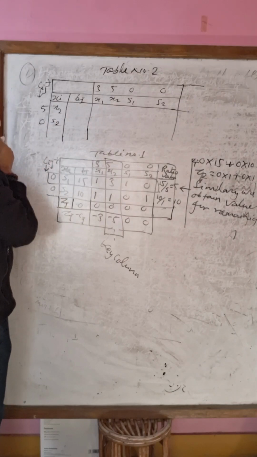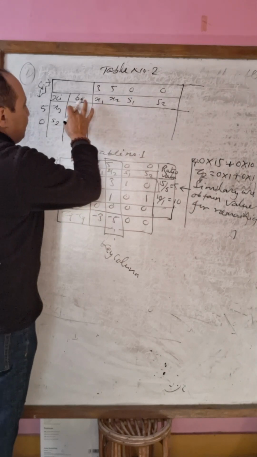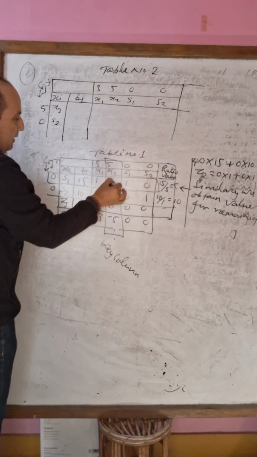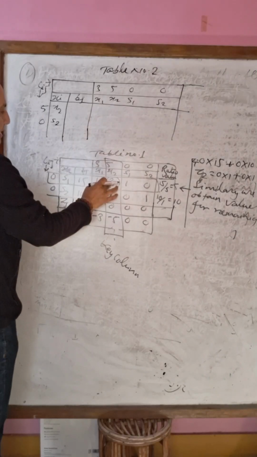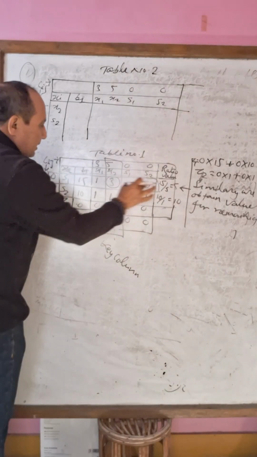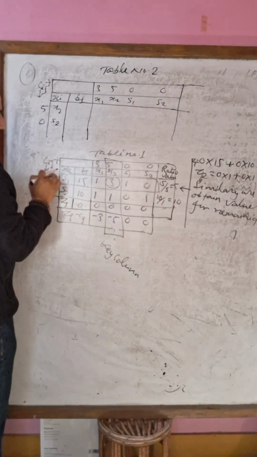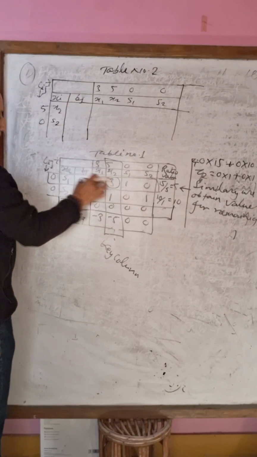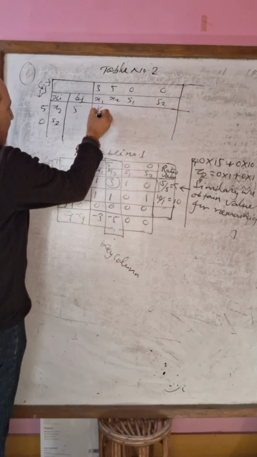Okay, this one. Now, first you calculate the values for the key row. So this one is the key element. The first row key element is 3, and you divide all these key row elements by 3, and you get the new elements for table number 2. 15 divided by 3 is 5, and then 1 by 3.